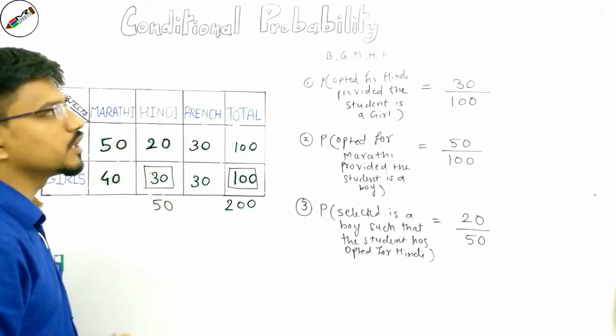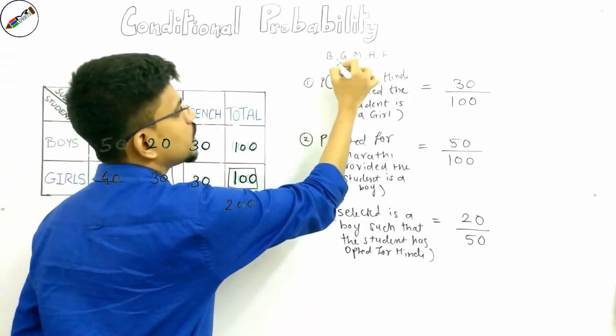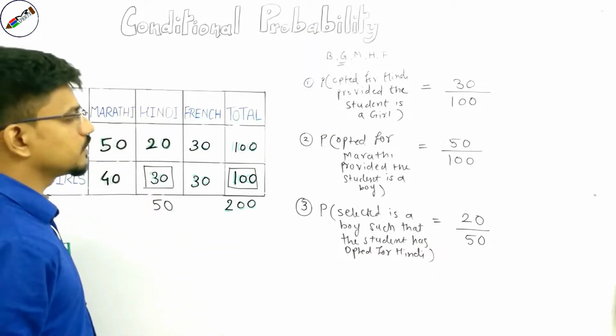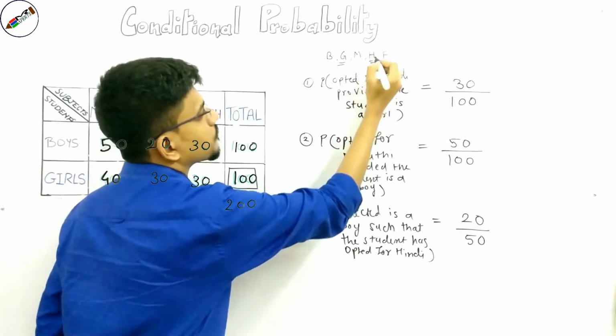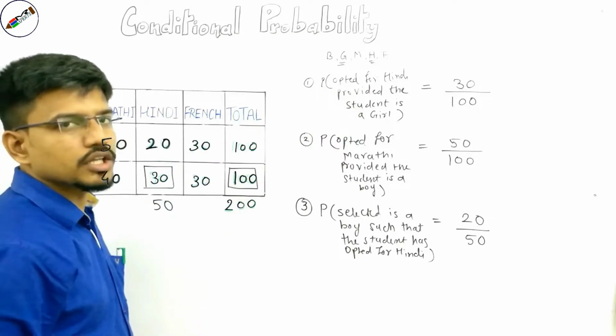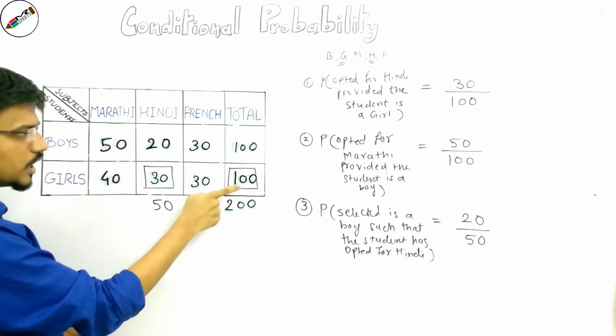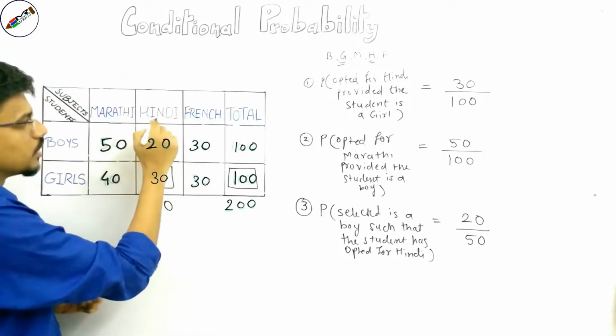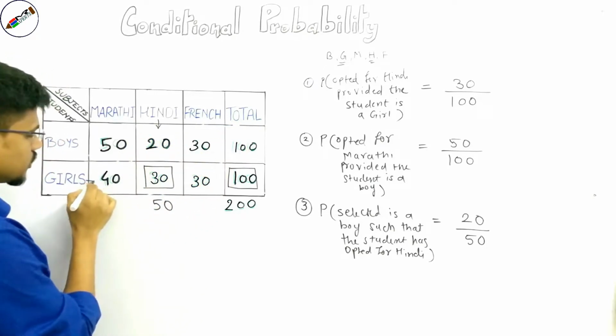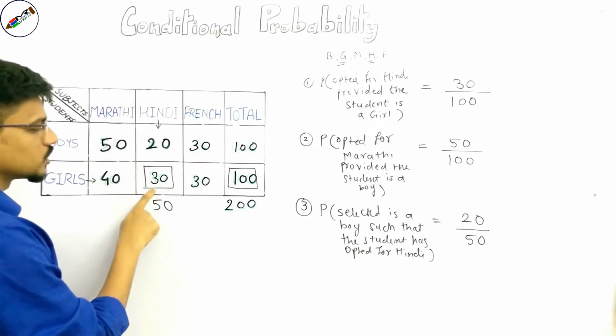So we had two events. The one event is girls and the other event is Hindi. So that number 30 in the numerator is actually the intersection of Hindi and the total number of girls, which was 30.